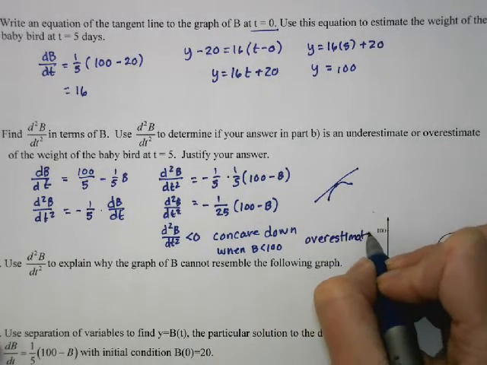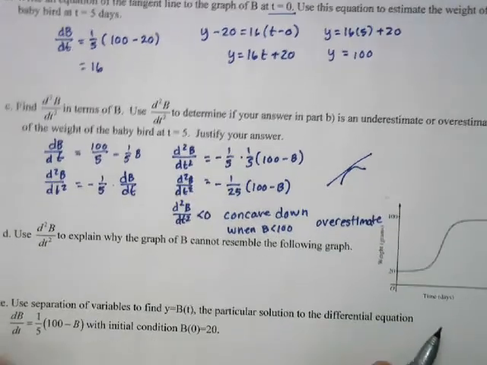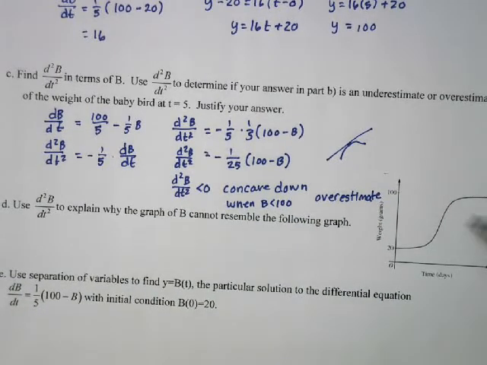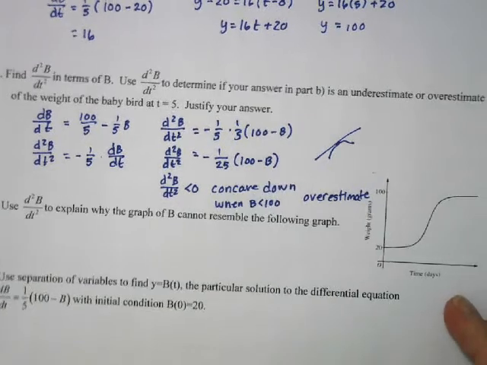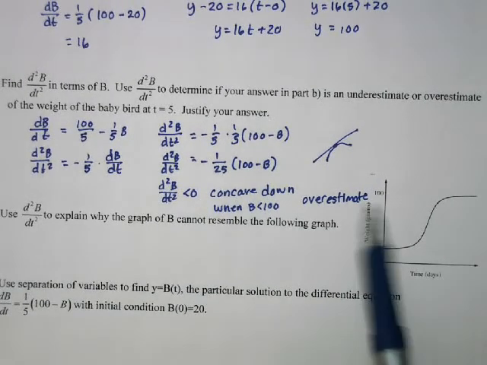Okay, it says use the second derivative to explain why this cannot be the graph. Well, if it's always concave down, then this can't be the graph because that's clearly concave up.